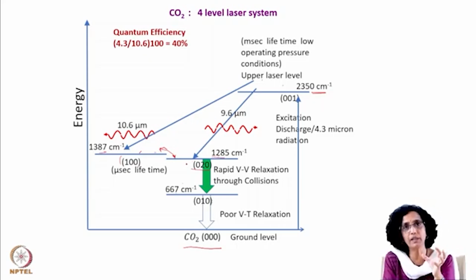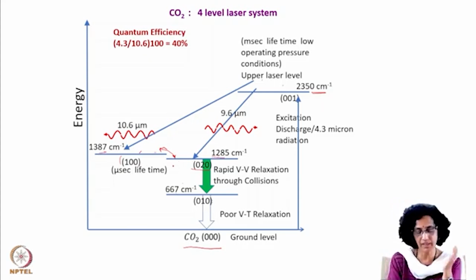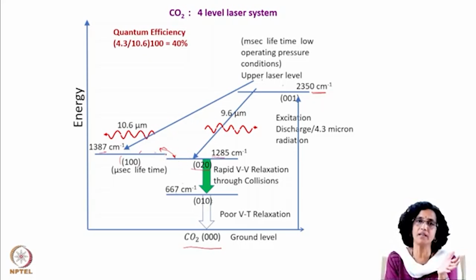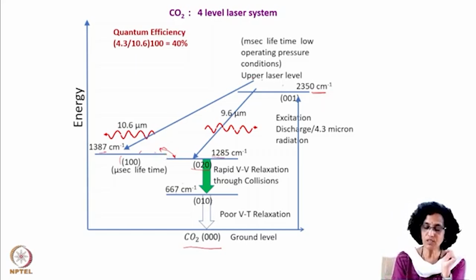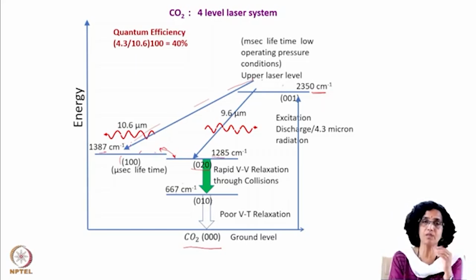We call it Fermi equilibrium or Fermi resonance, but you need not go into that kind of detail. Suffice it to say that these are very close and there is a constant exchange of population between these two through collisions. So the molecules from here come down to the lower laser level by stimulated emission.